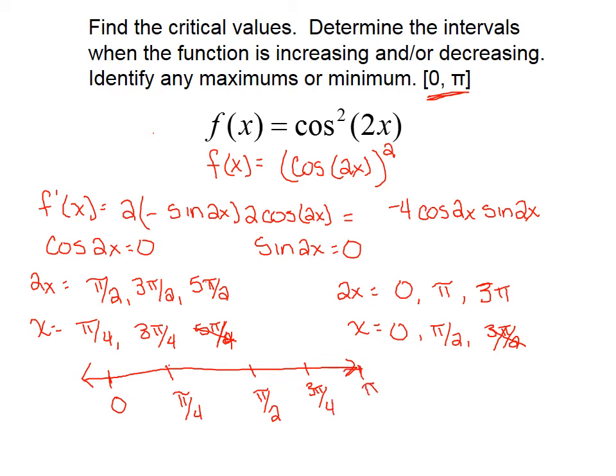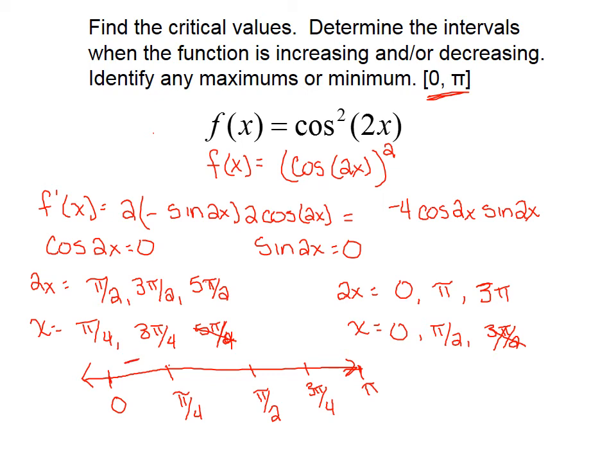Now if I wanted to know the absolute max and the absolute min, then I would look at pi. But since I'm only looking for local, I'm not going to evaluate the endpoints. So when I do my little sign chart, if I take a number between 0 and pi over 4, let's say pi over 8, and I put that back into the original derivative, I find that these values are negative.